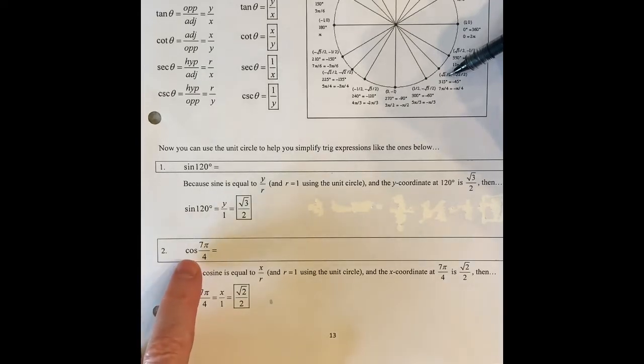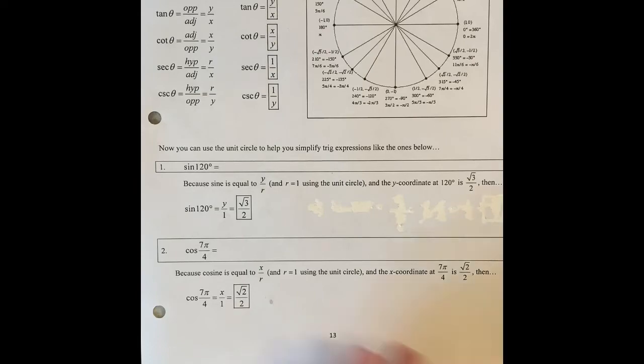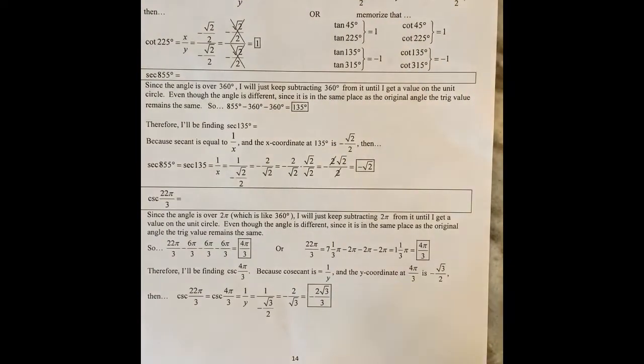So we know that cosine is defined as x over r. And since we're using the unit circle and r is 1, the cosine of that is just the x coordinate at 7 pi over 4. So I can just grab root 2 over 2. That's what cosine of 7 pi over 4 is. Pretty simple. If you look over on page 14, I've got a few more for you.